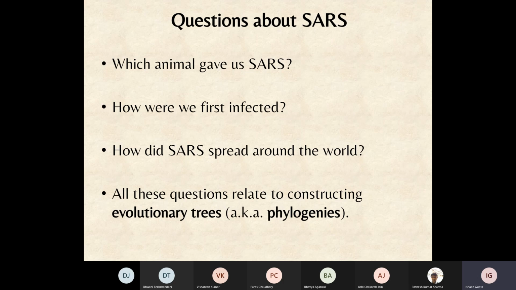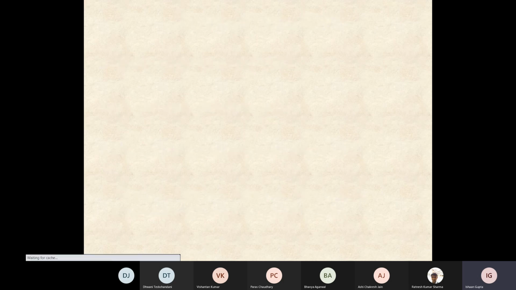All right. So all these ideas were actually already prototyped, or all these modules were set up already when the first outbreak of SARS happened. And the basis for answering all these questions again is our ability to make evolutionary trees, also called phylogenies, from the virus sequence.